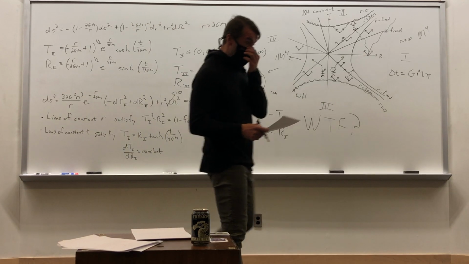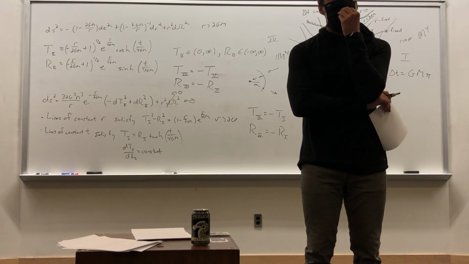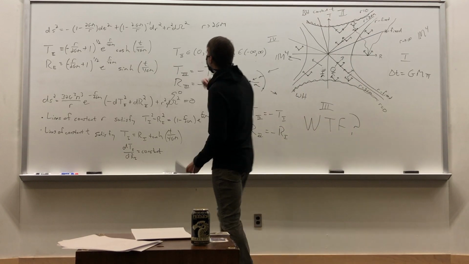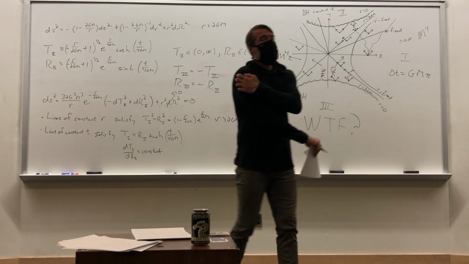No one? Wait, are you asking about the geometry itself or that d omega? Because I really don't like that d omega thing. The geometry is described by this metric.